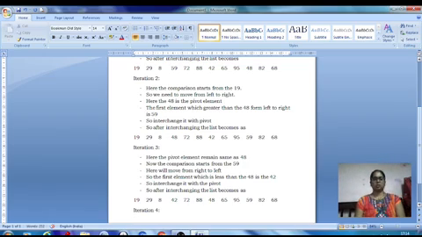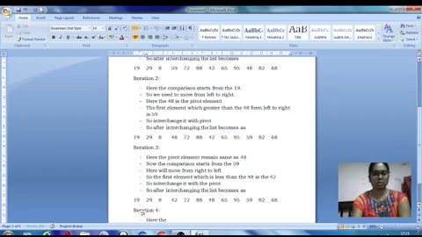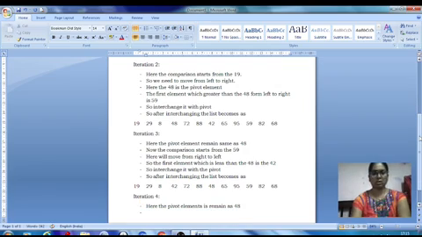Here again the comparison starts from 42. The pivot element remains 48.